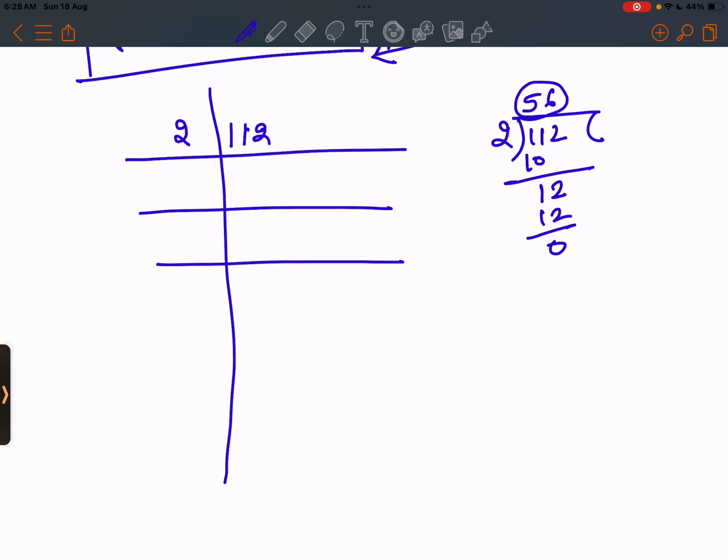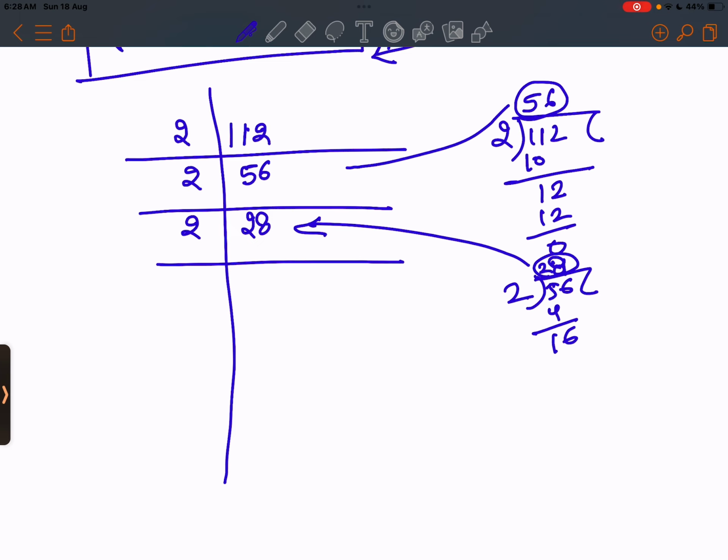So the quotient will be 56 here. Now 56 can be divided by 2, so further we divide 56 by 2. 2 twos are 4, 2 fours are 8, so 28 would be here. In similar way, we write the quotient here.